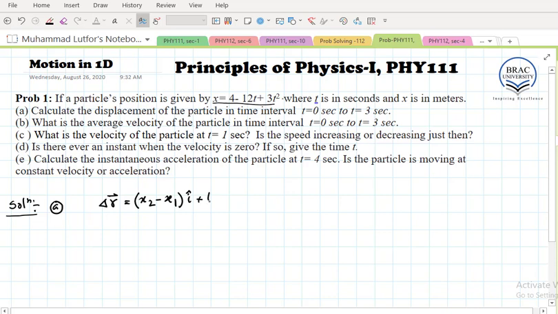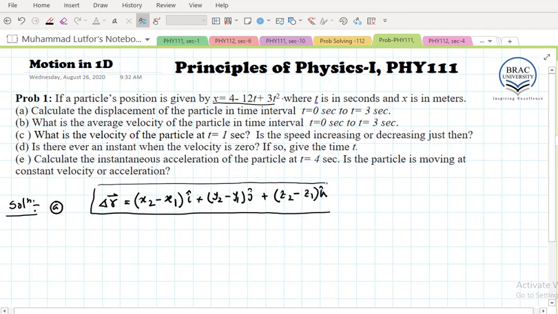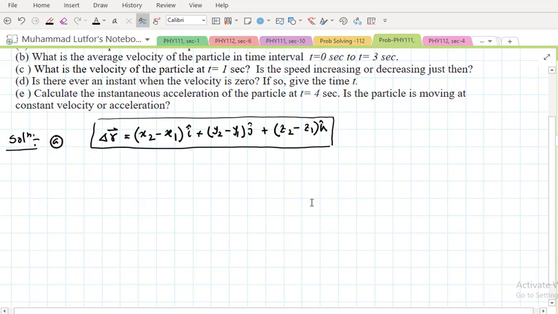Plus (y2 minus y1) j hat plus (z2 minus z1) k hat. This is the general equation of the displacement of a particle in the three-dimensional case. Since we are dealing with the 1D case right now, I'll drop the y and z components.